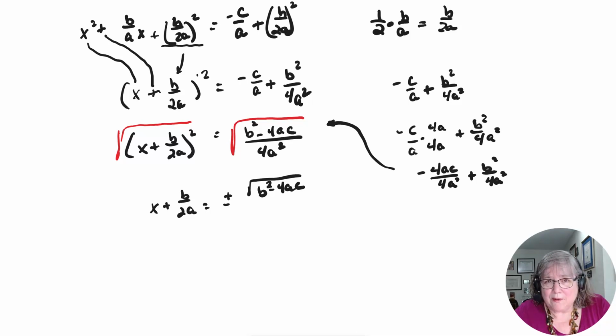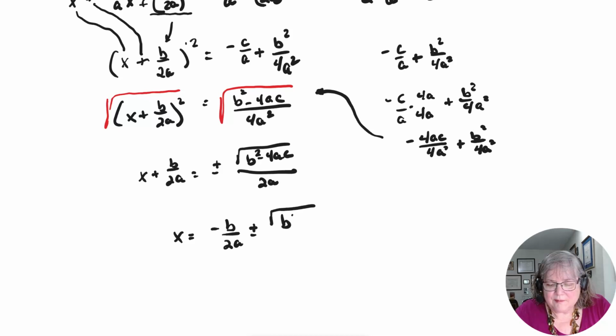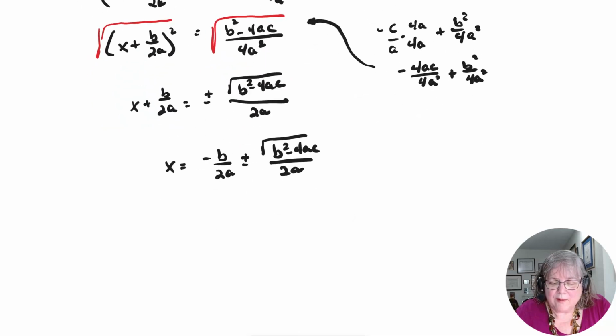You can't square root the b squared. But 4a squared is a monomial, and the square root of 4a squared is 2a. Then we always want to know what x is. And we already have a common denominator.